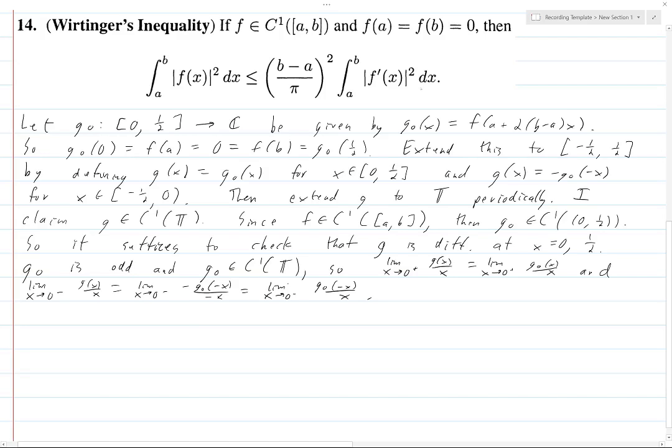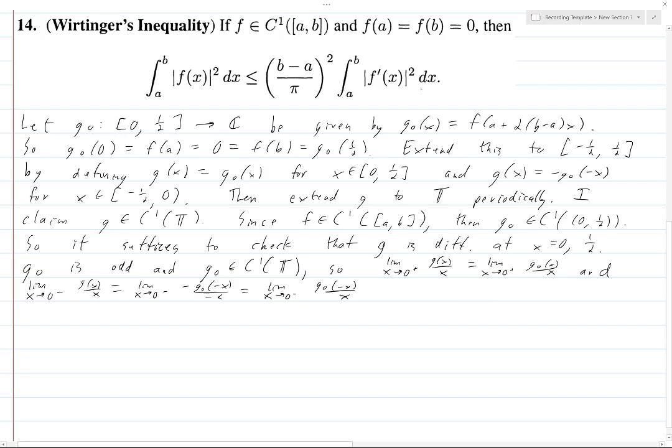But anyways, so this is true and this is true. But g naught we know is differentiable, so these two are equal.